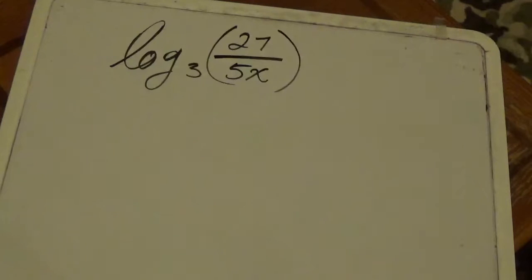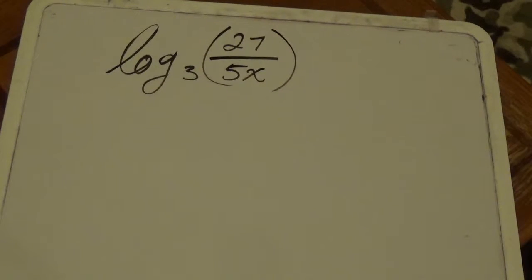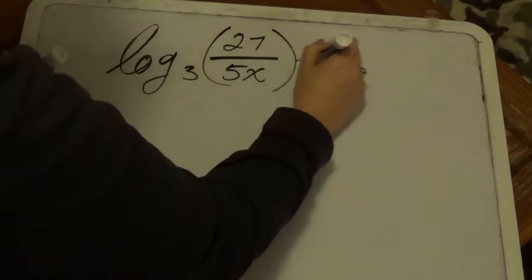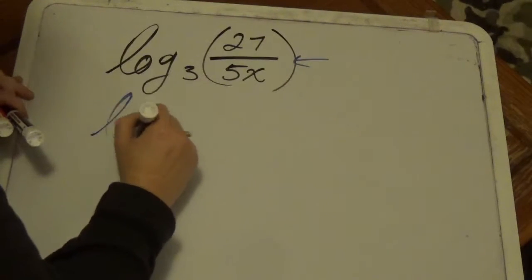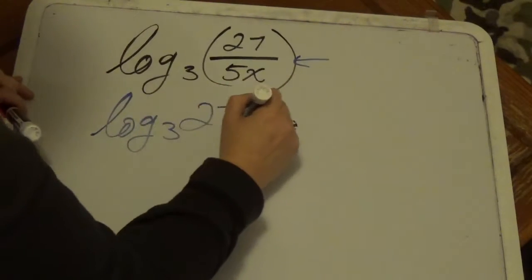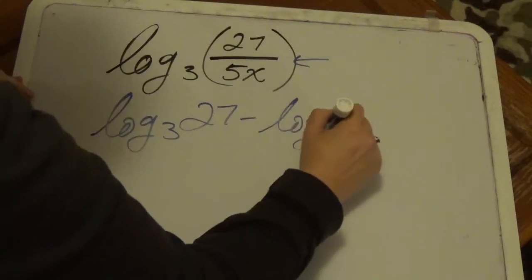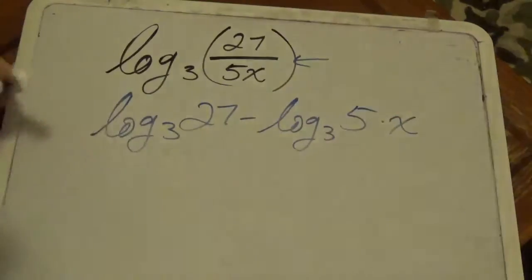Log base 3 of 27 over 5x. So we're going to split this. First thing we're going to do is take care of the division. So this will be log base 3 of 27 minus log base 3 of 5x.